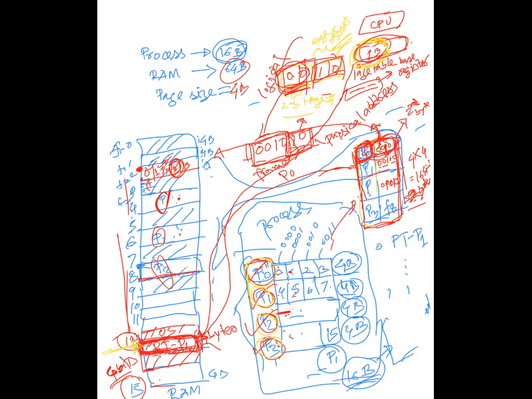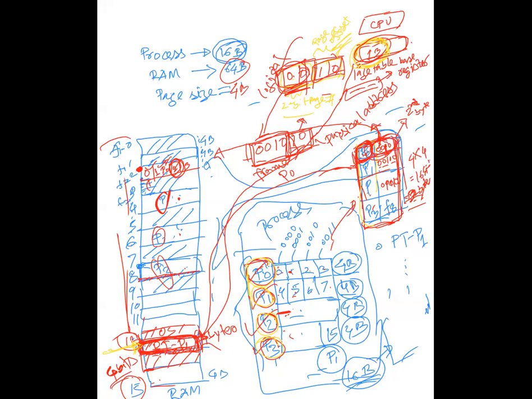What is a page table entry? A page table entry is the frame number, the physical location, for every page where it is loaded.